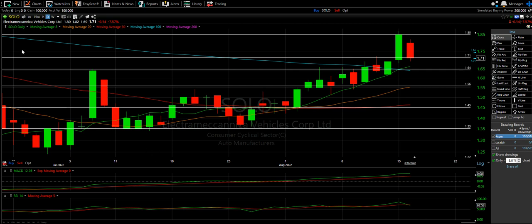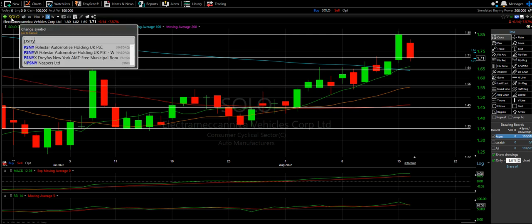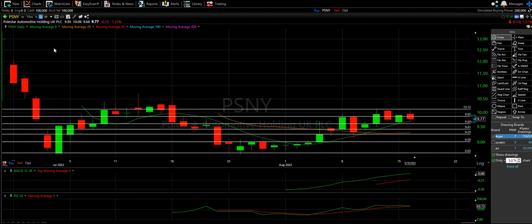So normally this is the last one, but I actually want to add Polestar to this. I have this somewhere else. It's now in mine. Man, Polestar is just toying with this 10-12 line, right? So hits it once, hits it twice, not quite this time. But all the while, we're still above the 8, which is good.